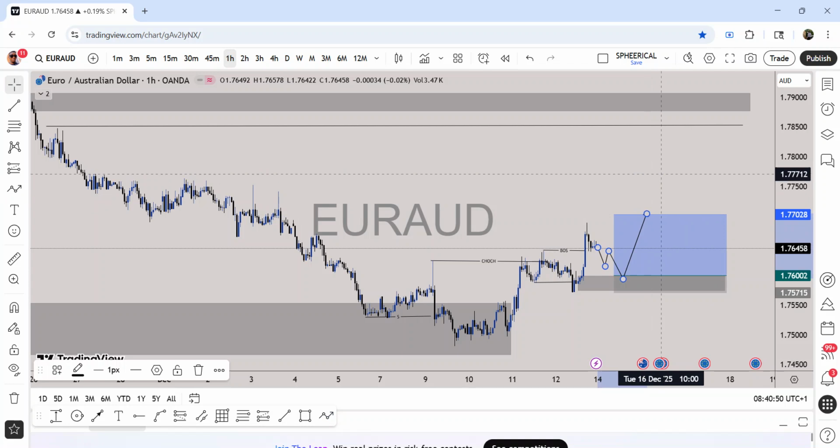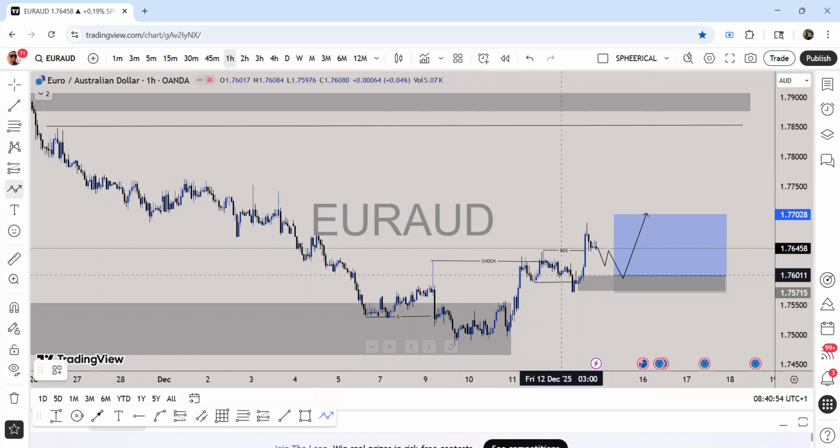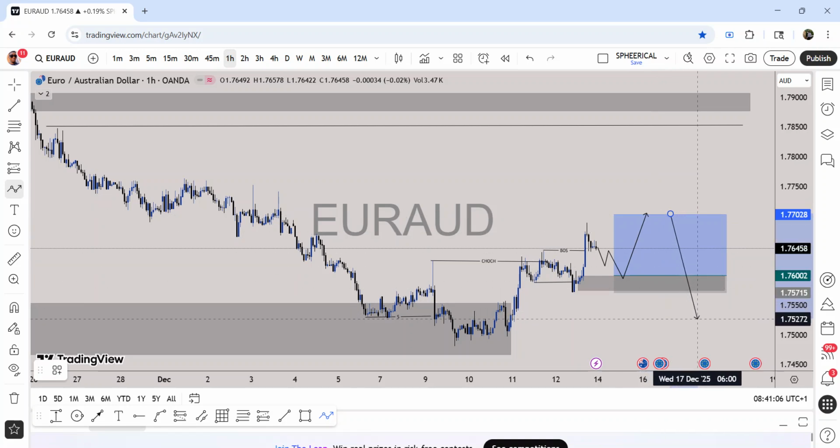And also the next thing you might see is this market reacting at this zone, coming down here to pick orders at this demand zone to move up to this supply zone that is above here.